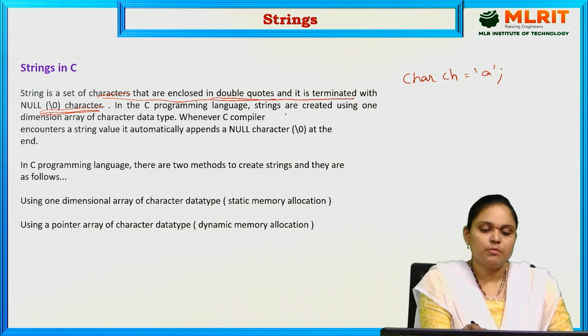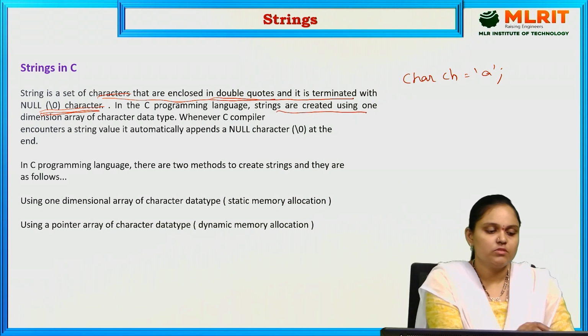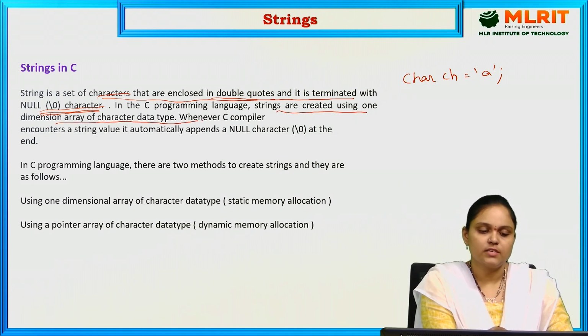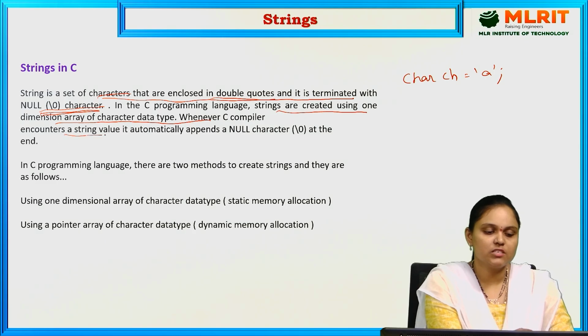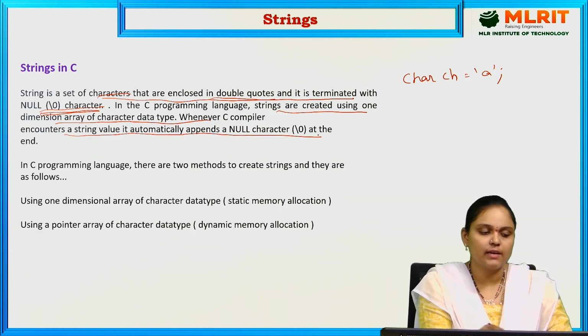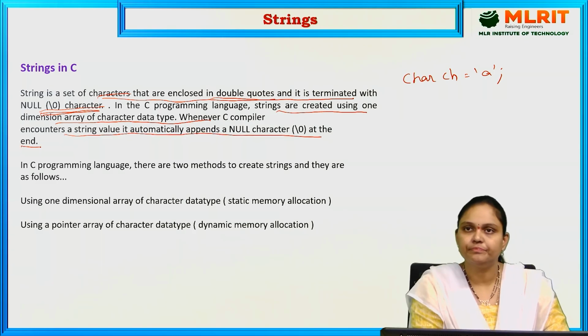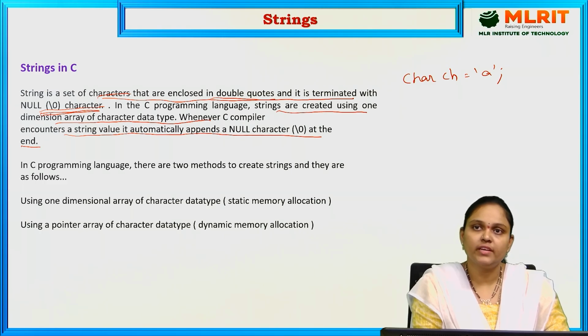Next, in the C programming language, strings are created using a one-dimensional array of character data type. Whenever a C compiler encounters a string value, it automatically appends a null character at the end. A string is nothing but a group of characters of the same data type, which is the character data type, so it can also be treated as an array.